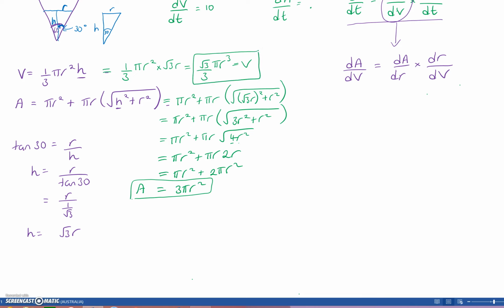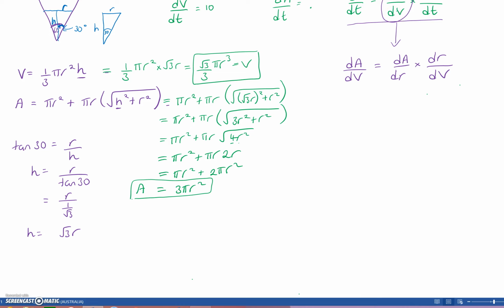And both of those now are volume in terms of radius and area in terms of radius. So I can actually differentiate them now. If I say dV/dr, I could use that to put into this part of my chain rule. And if I say dA/dr, I can use that to put into this part of my chain rule, all in order to find the dA/dV that I need.